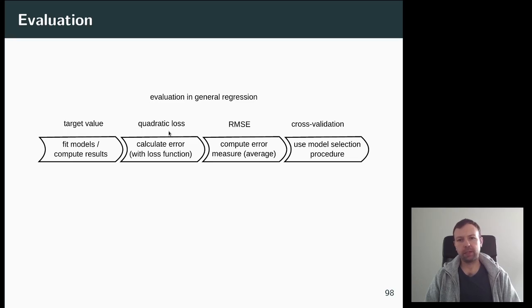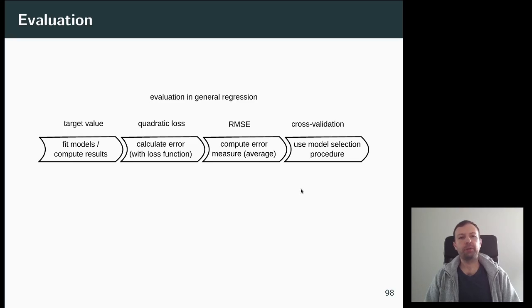I would just use a quadratic loss, and then calculate the mean over those and take the square root. That gives me a root mean square error, which is the optimal thing to do under the assumption that your errors are normally distributed. And then you just do a cross-validation, like a k-fold cross-validation, to make good use of your training and test data, so that you get an independent assumption of the error for each instance in your data set. And this is a well-established standard pipeline in a regression framework.